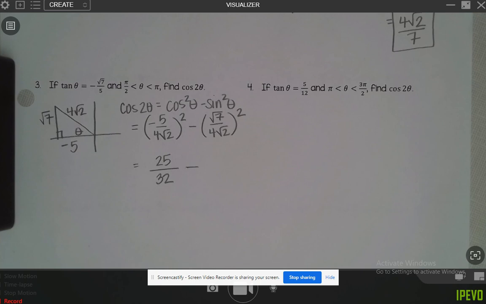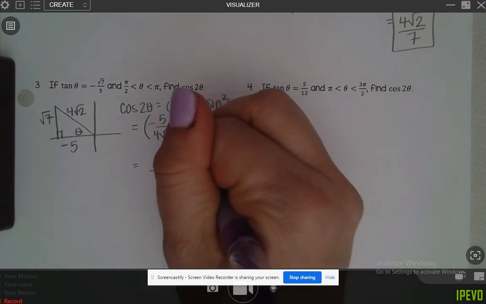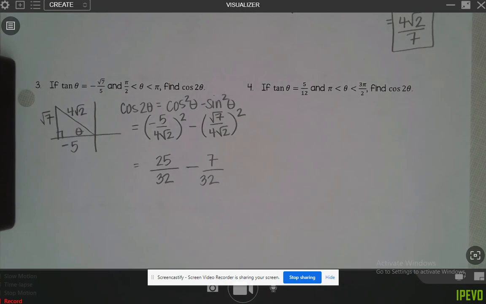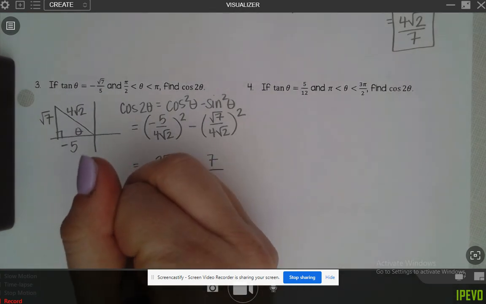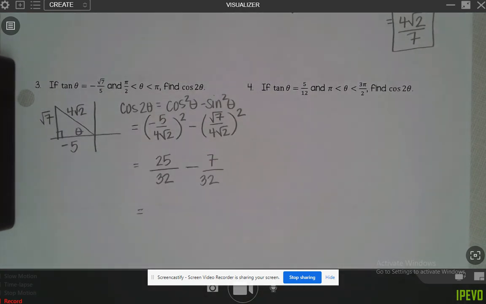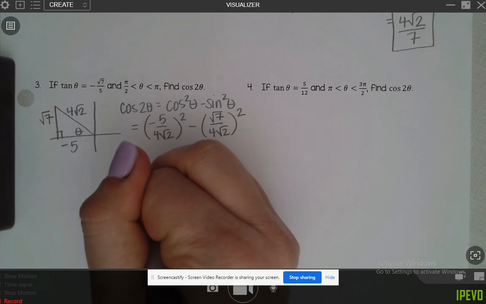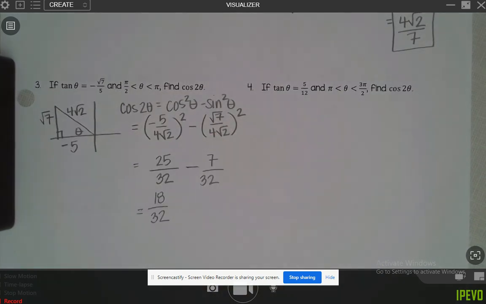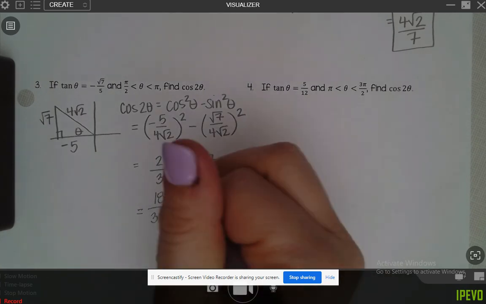Radical 7 squared is 7. 4 radical 2 squared is 32. Subtract them. 25 minus 7 is 18. Simplify it.